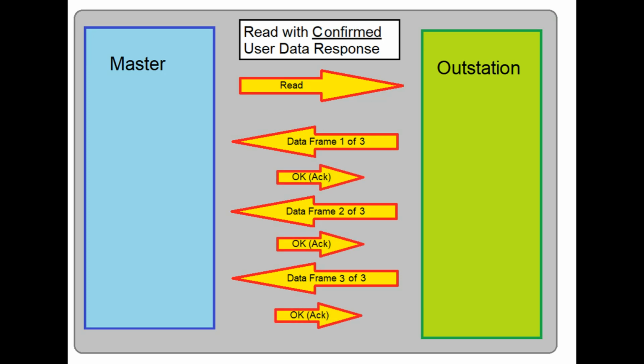With confirmed user data, the same frames are sent, but the receiving station has to respond, acknowledging that the frame was received okay, before the transmitting station can send the next frame. Clearly, it will take longer to send a message requiring confirmation than without.